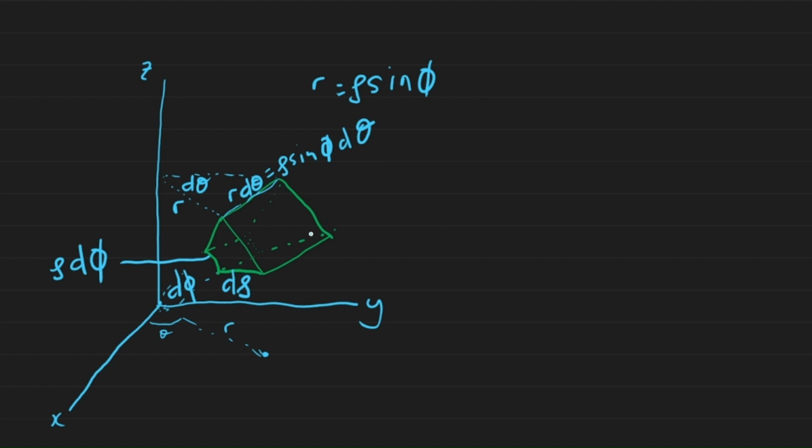So now we have everything to compute our volume element. So dV is equal to, firstly, the length, breadth times height. So firstly, we have d rho, multiplied by rho d phi, multiplied by the width, which is actually rho sine phi d theta. So I'll just write everything. We have rho multiplied by rho, so we have rho squared.